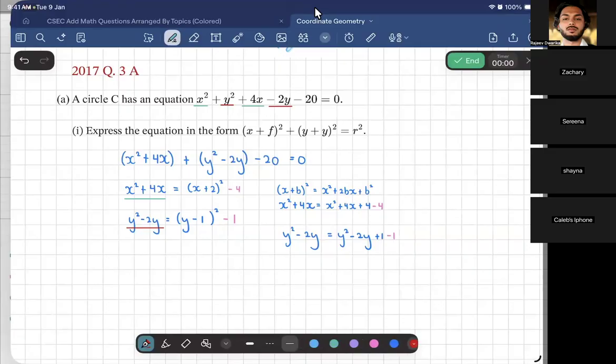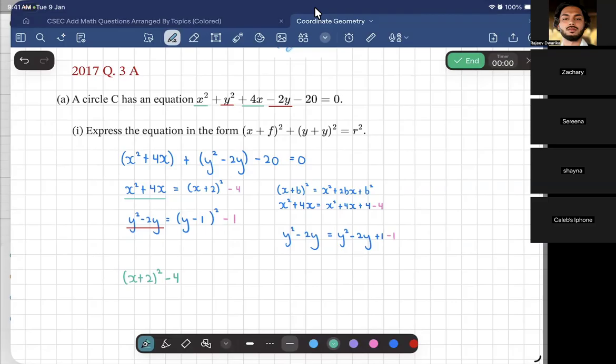So Serena, let's replace the green part. What is the green part going to be replaced by? x plus 2 squared minus 4. Perfect. All right.